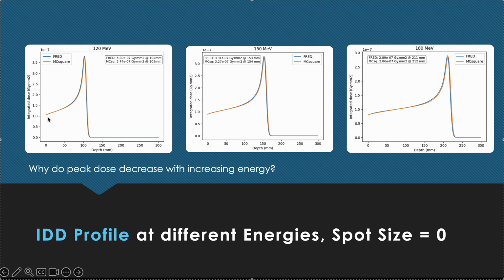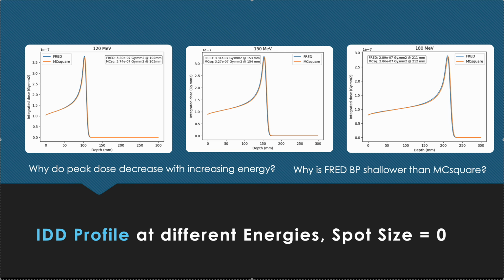Because here the proton does not go very deep, almost all of the energy is here at the peak. Now it travels, it loses energy, and the remaining energy comes here. That means the energy here will be lesser than the energy there because it has traveled. Same goes for this one. You will see the energy decreasing, the dose decreasing.